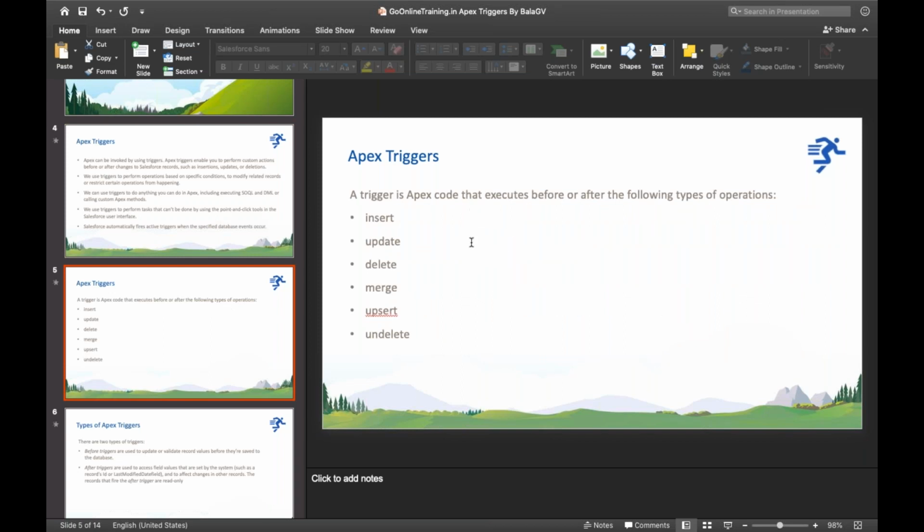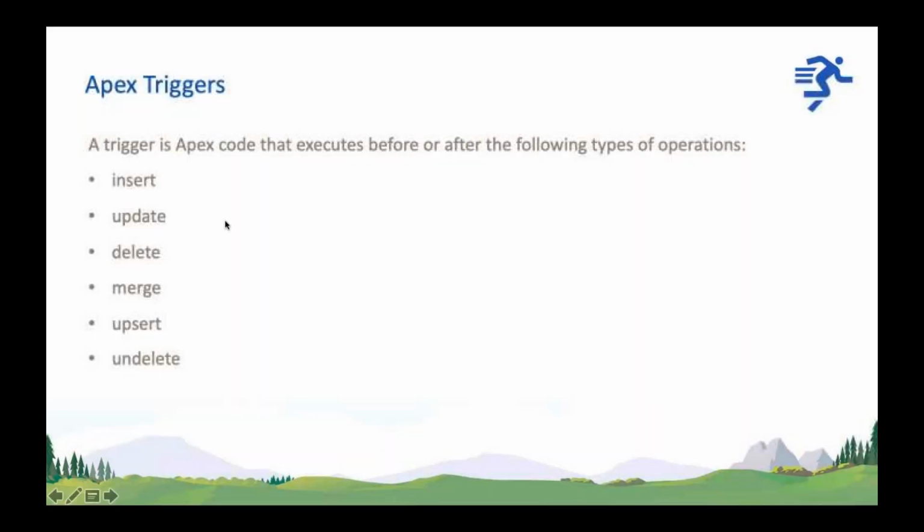These are the various DMLs: insert, update, delete, merge, upsert, and undelete. So a trigger is Apex code that executes before or after these types of operations.